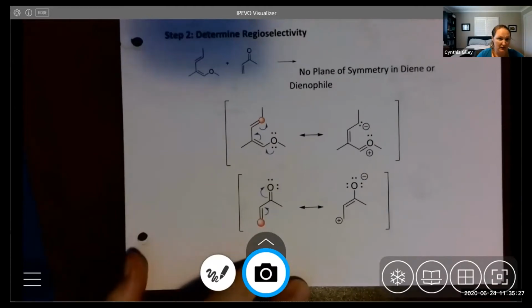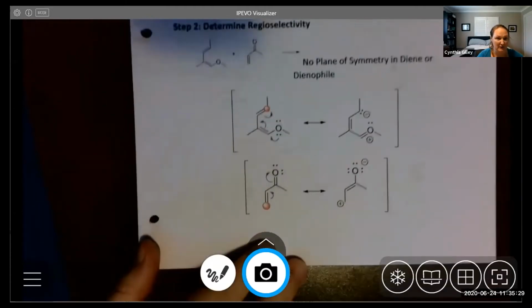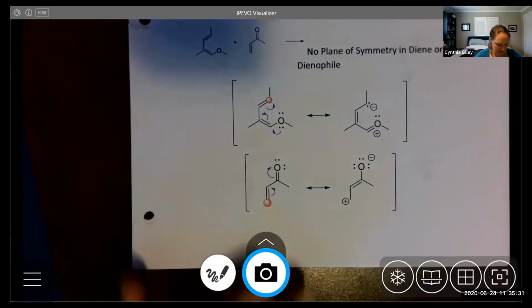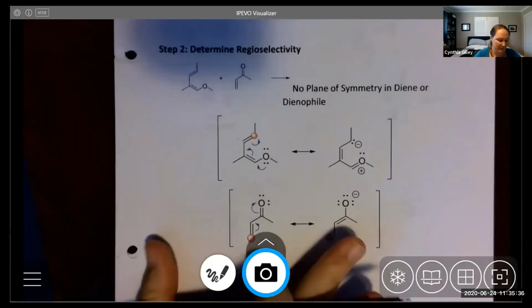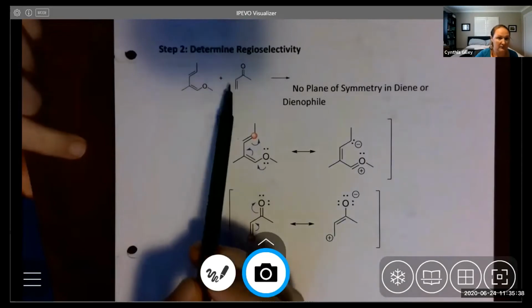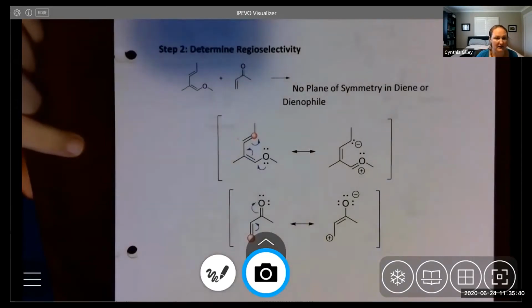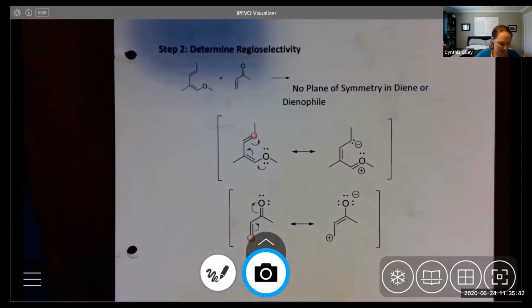Step 2, determine if you need to worry about regioselectivity. So when we do that, we're looking for planes of symmetry. I don't have one, so I do have to care about regioselectivity.